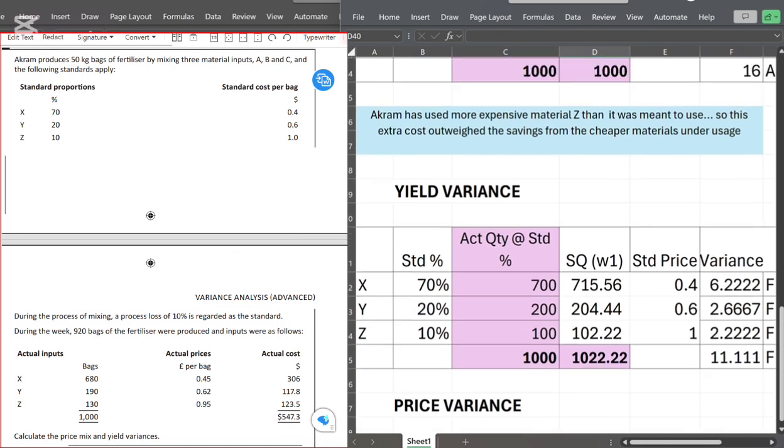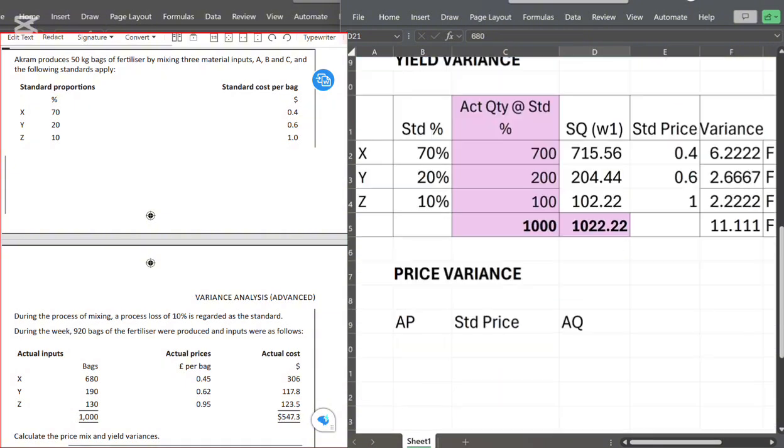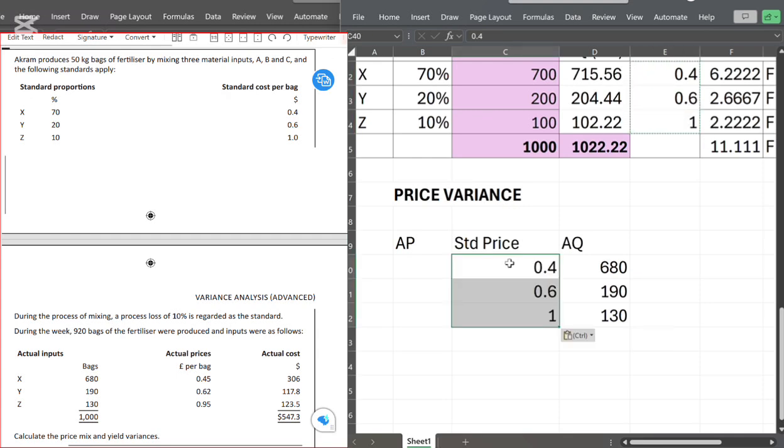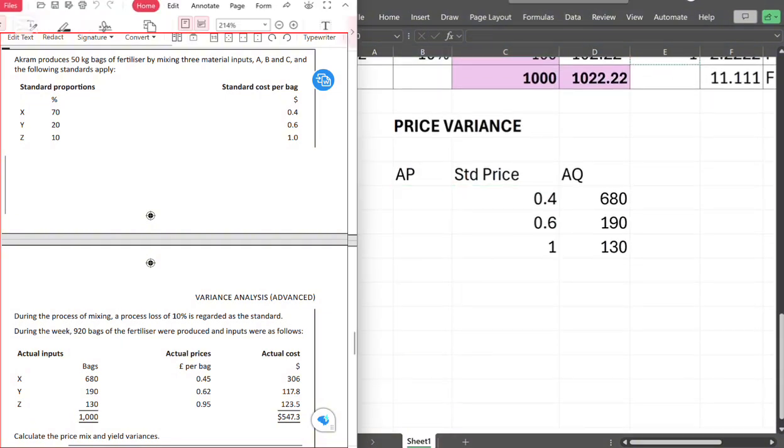Actual quantity, we have it somewhere here, so I can bring it down quickly. Standard price as well, we know it is 0.4, 0.6, and 1. It's here, I can put it here. And the actual price, we have it in the question.